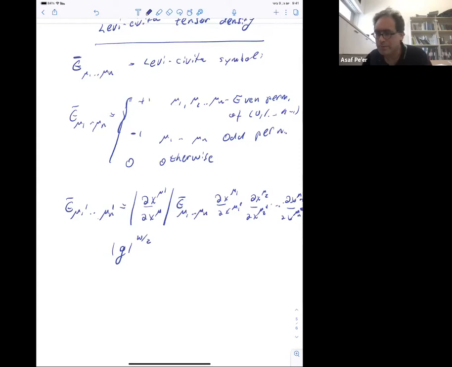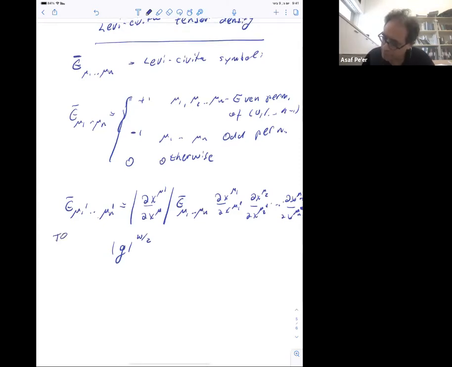What is the weight here, guys? The number of indices?